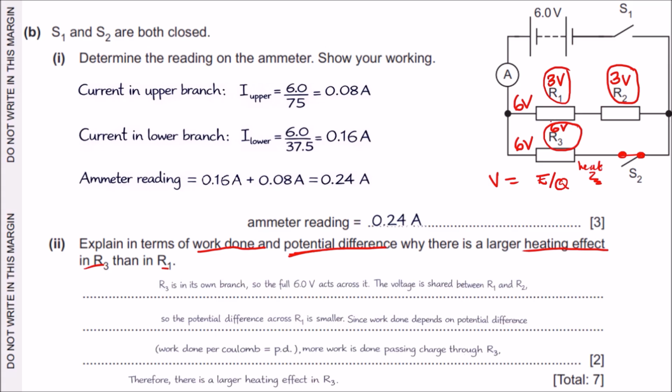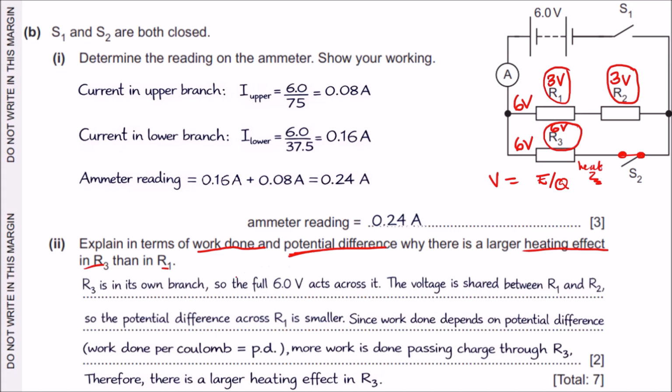So the ideal answer was: R3 is in its own branch, so the full 6 volts acts across it. The voltage is shared between R1 and R2, so the potential difference across R1 is smaller. It's 3 volts, which is smaller than 6.